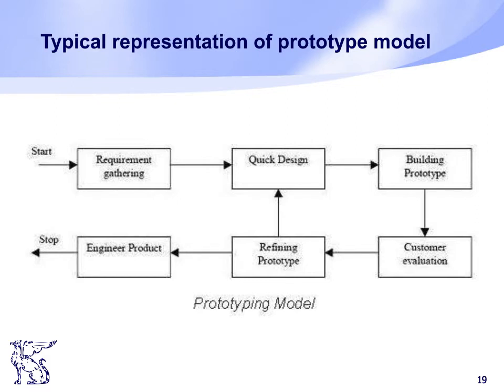And the next stage is refining the prototype. If your customer is not happy with your current prototype, you need to refine the prototype according to the customer's feedback and suggestions. And you will continue this phase until all the requirements specified by the customer are met.